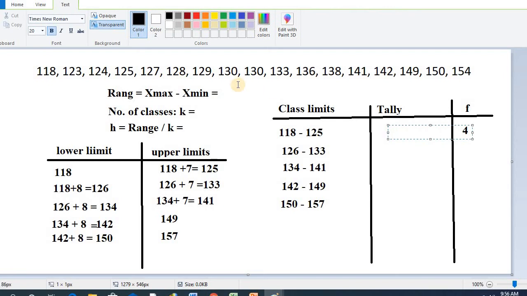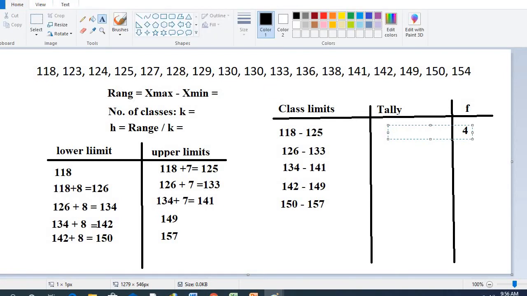And in the tally column we can express it as 1, 2, 3, 4.